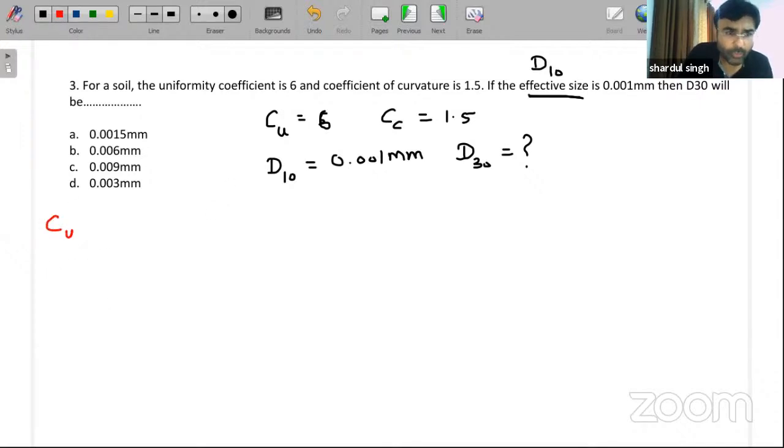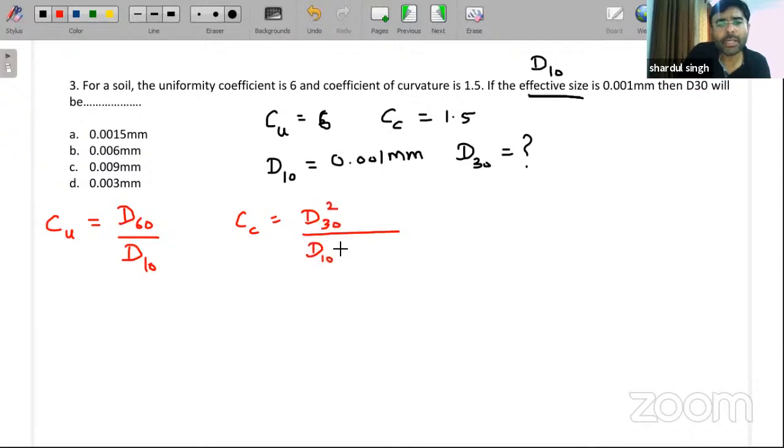Cu is the uniformity coefficient, and that is equal to the ratio of D60 to D10. And Cc is the coefficient of curvature, that is the square of D30 upon the product of D10 and D60. This is the formula.